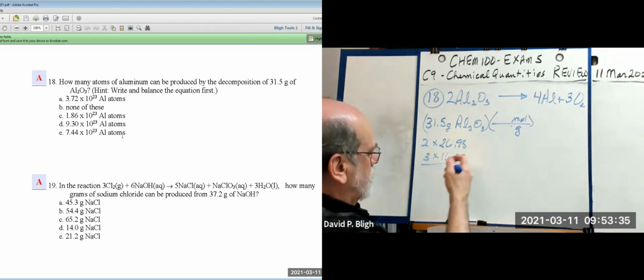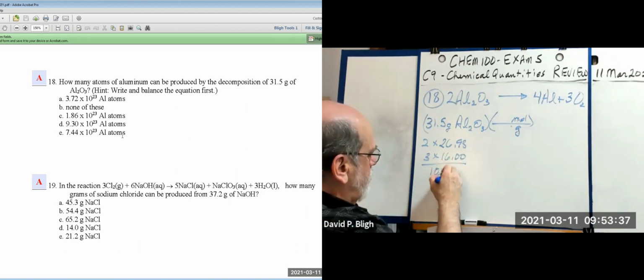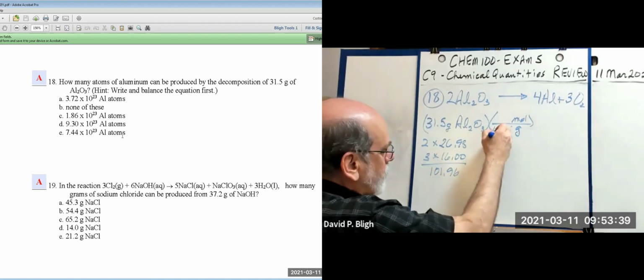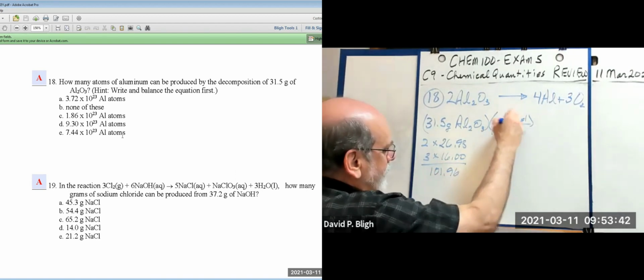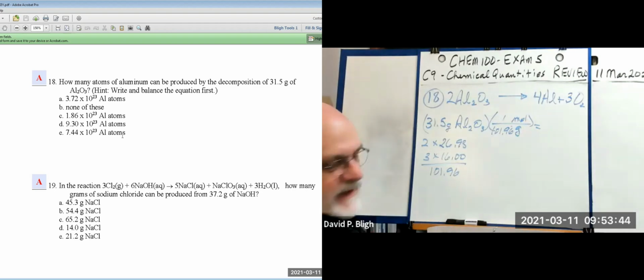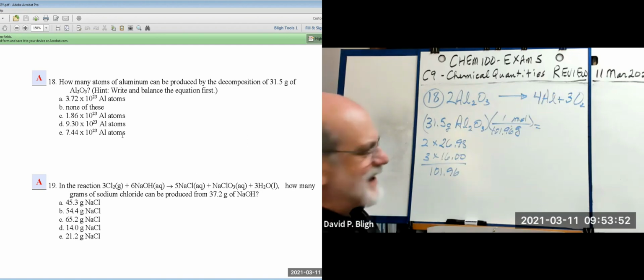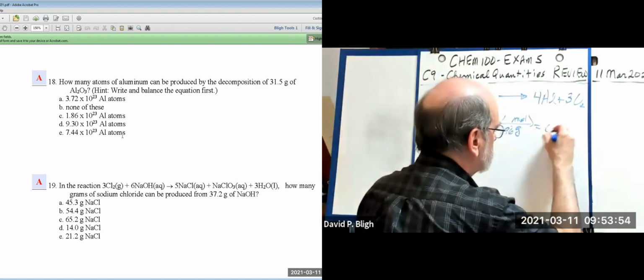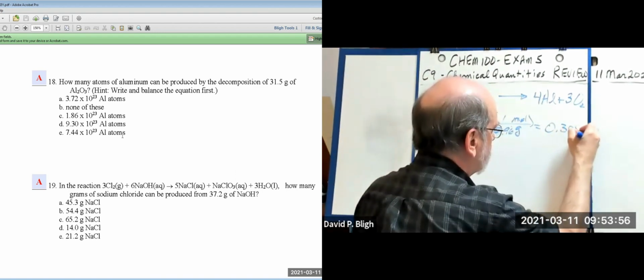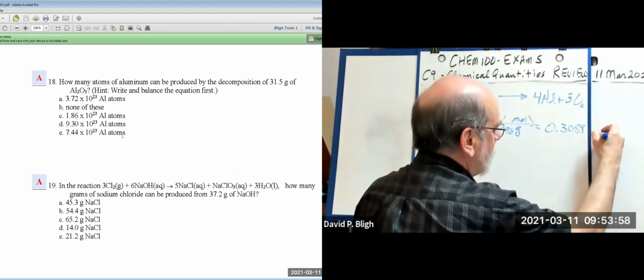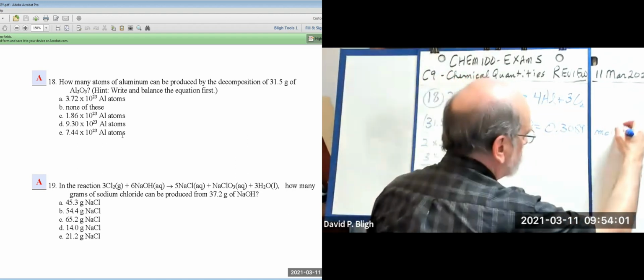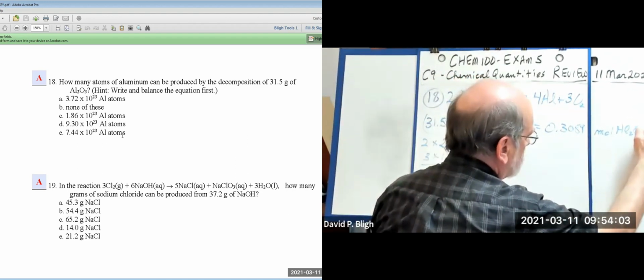101.96. So we divide that number into 31.5. And I get 0.3089. That's moles of aluminum oxide.